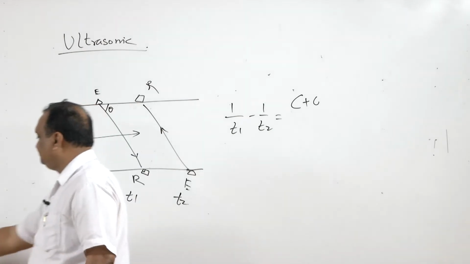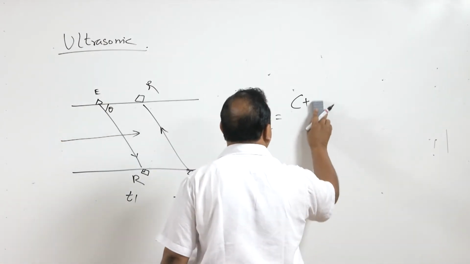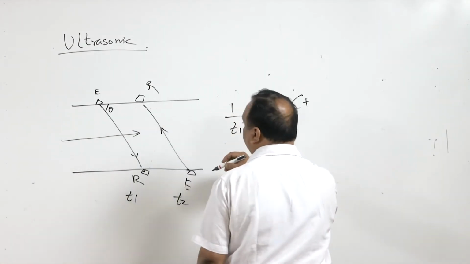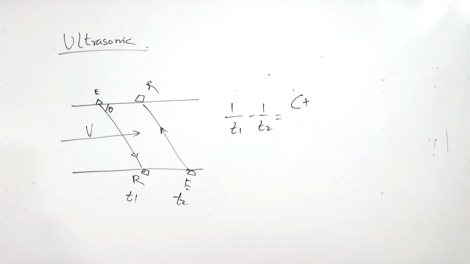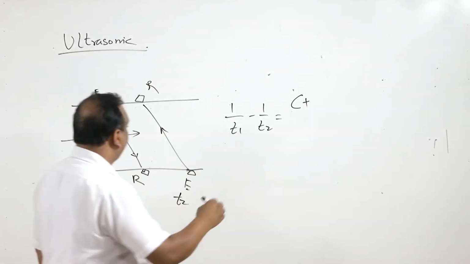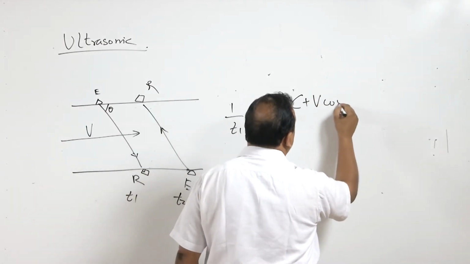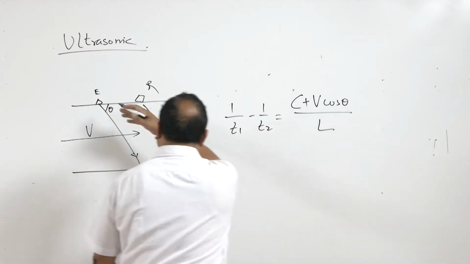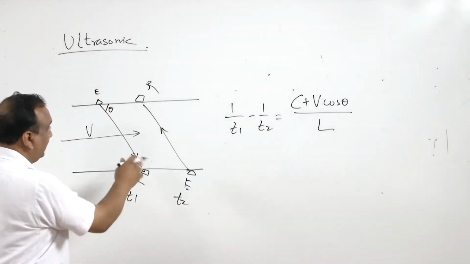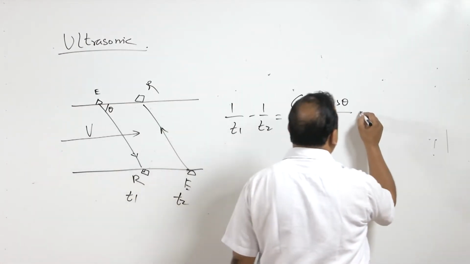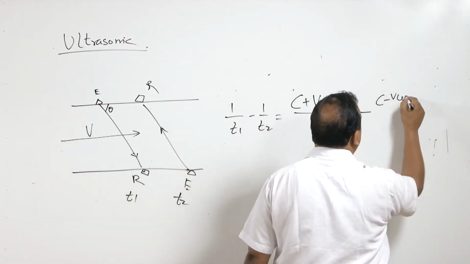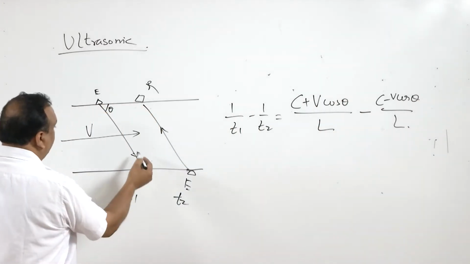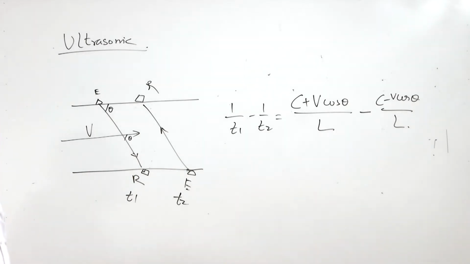This is going to be c plus V. So c plus V cos theta divided by L, whatever distance it is traveling, and then here it is going to be c minus V cos theta divided by L. Now theta is known to us, this is theta, right?